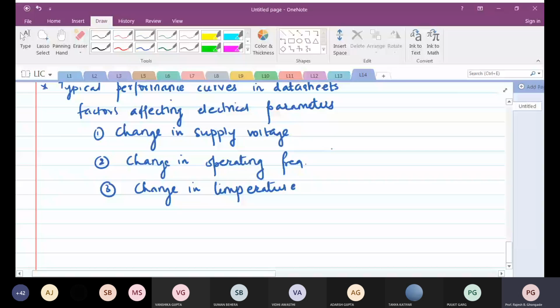Based on these three factors, you'll get different curves with respect to electrical parameters.